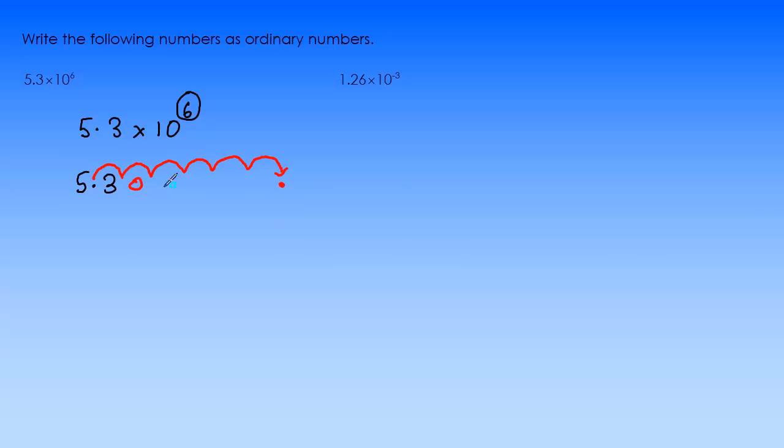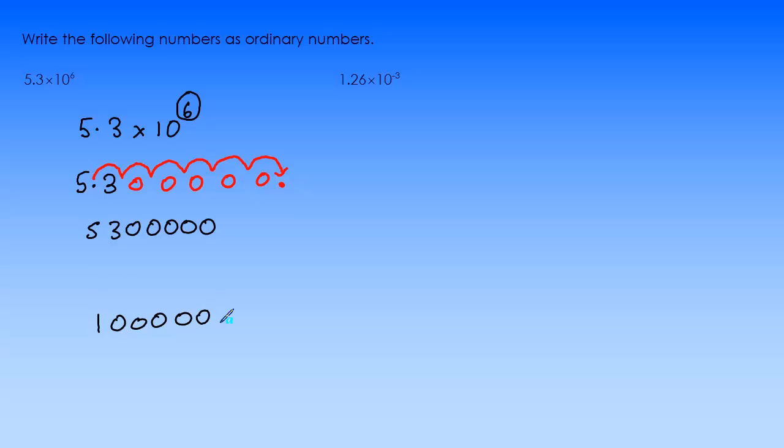All of the blank places get filled with zeros. So we have 5, 3, and then 1, 2, 3, 4, 5 zeros. And of course we wouldn't normally write the decimal point. Now it's worth pointing out that 10 to the 6 is a 1 with 6 zeros.